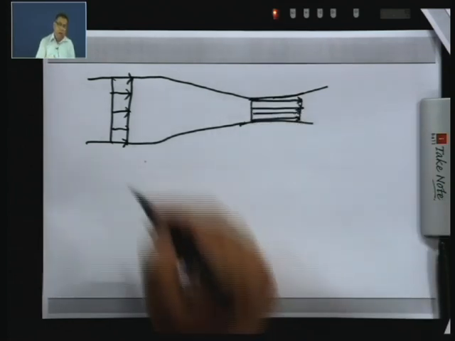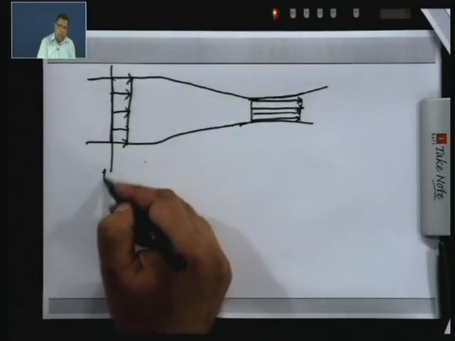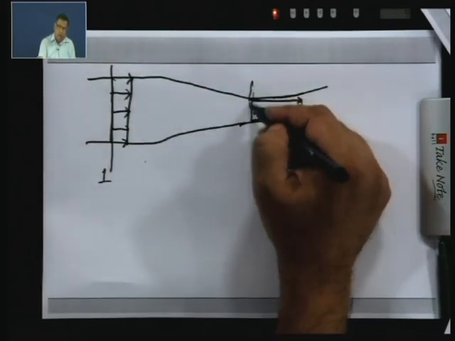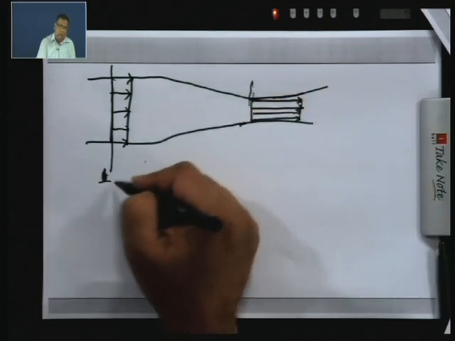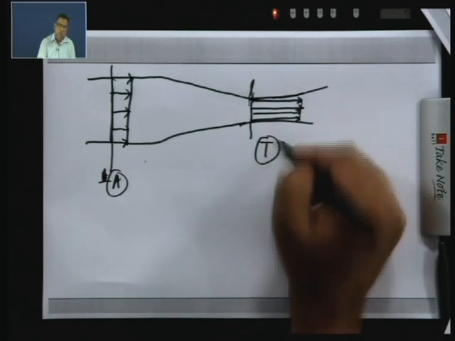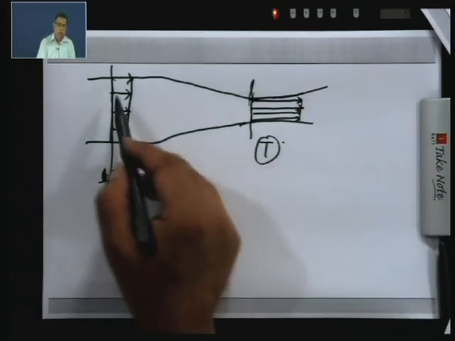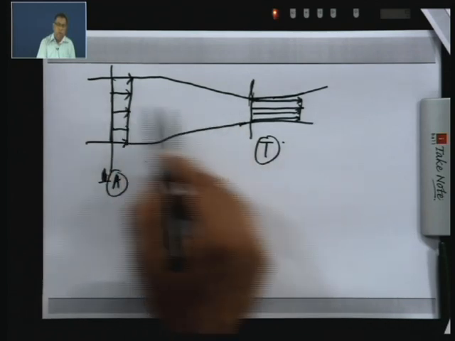Now, if you look at this section over here, let me call it section A, and I call this section T for the throat. You know that for incompressible flow, the same volume flow rate has to flow through the tube.